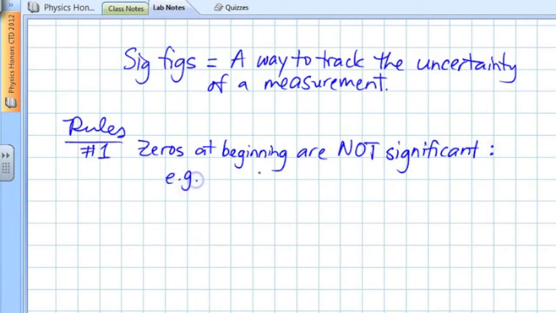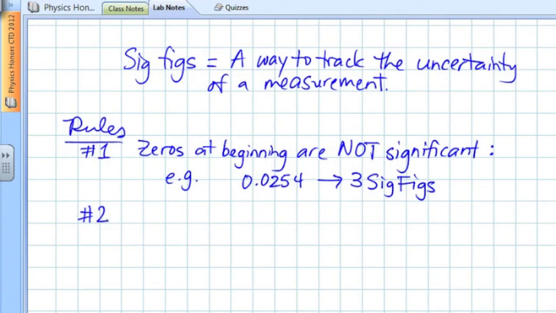Okay? So the number 0.0254 has 3 sig figs. In other words, the 0.0 are not significant. They're placeholders. They don't tell us any additional information.